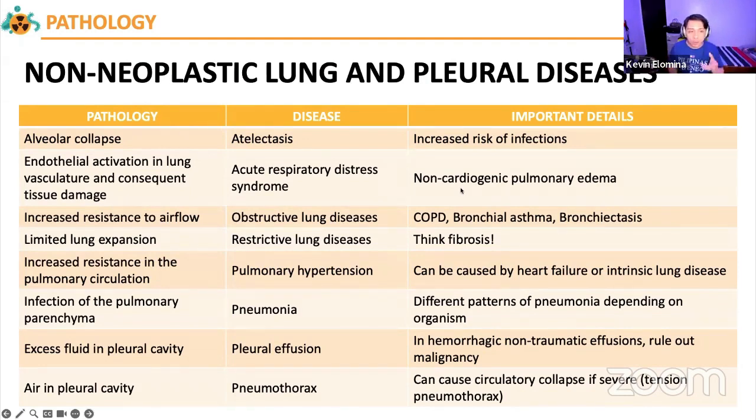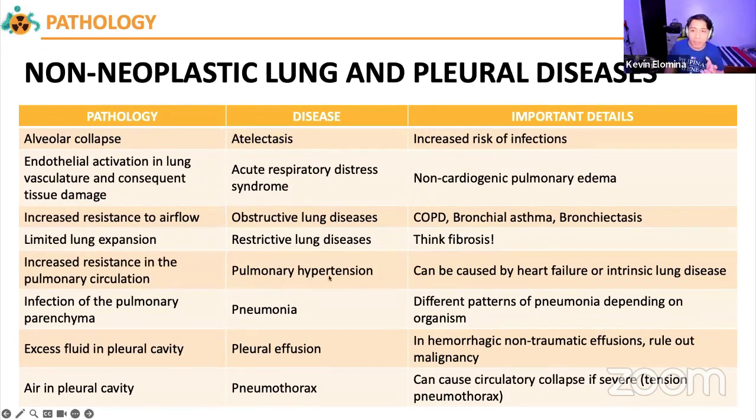Now, between your obstructive and your restrictive lung diseases, yung obstructive lung diseases natin, hindi makalabas yung hangin. Kaya you have increased lung volumes. But for your restrictive lung diseases, you have limited lung expansion. That's why you have decreased lung volumes. And dito pumapasok yung mga fibrosing diseases, including your pneumoconiosis, etc. Okay?